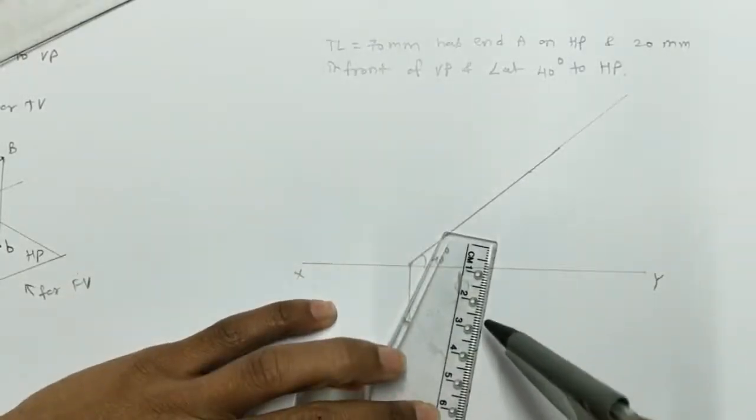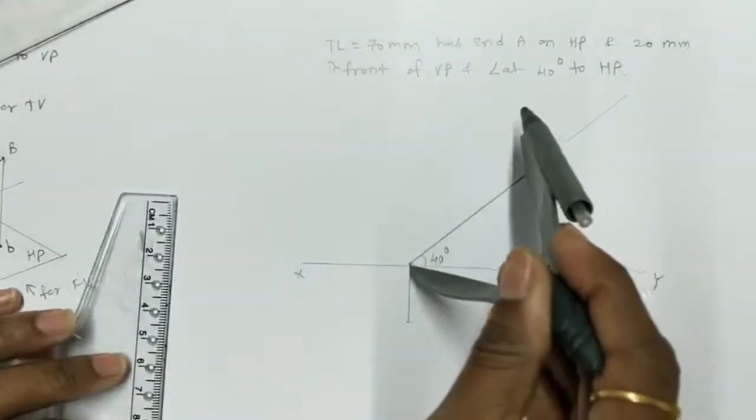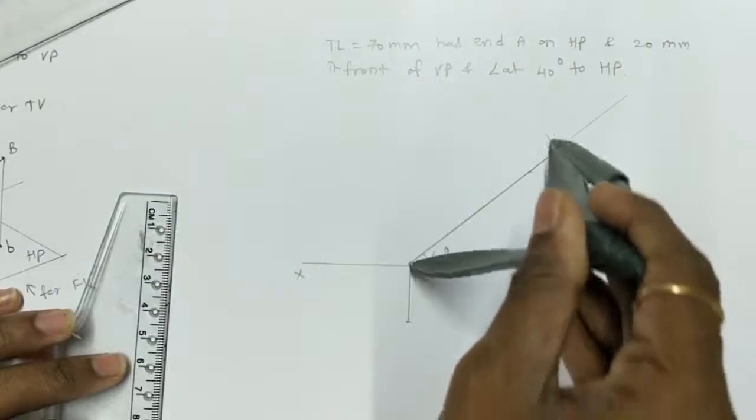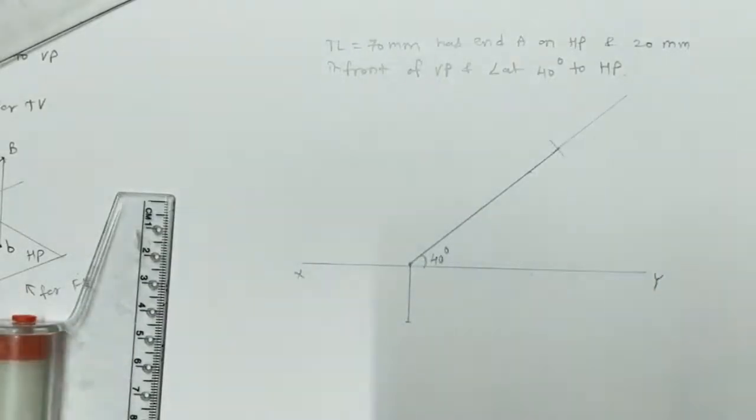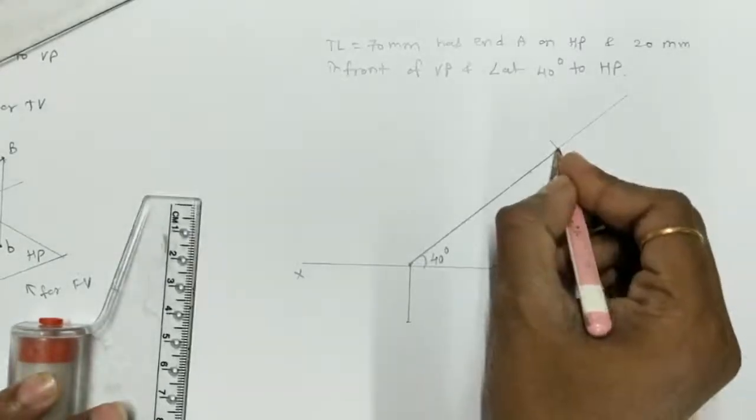So measure 70 distance in your rounder and then you can draw arc like this. So where you get point B.